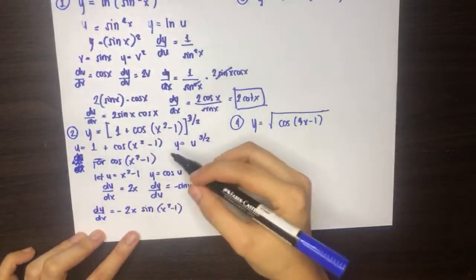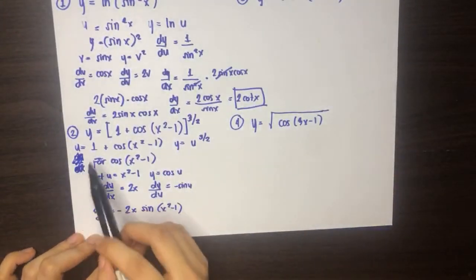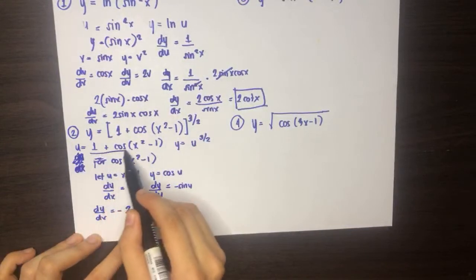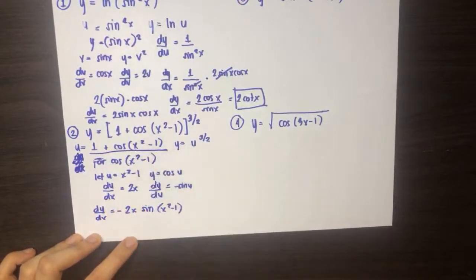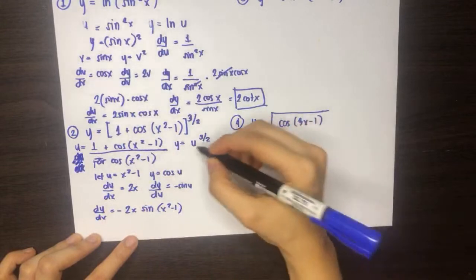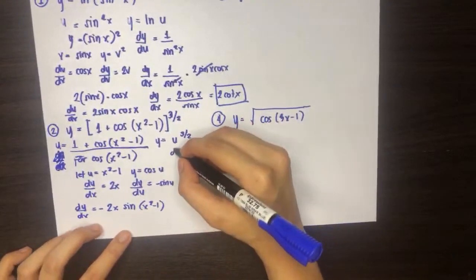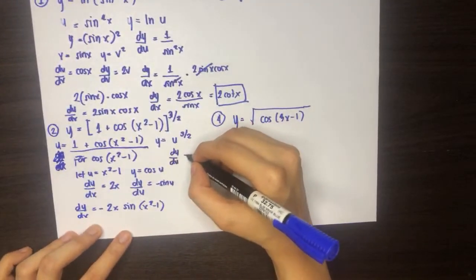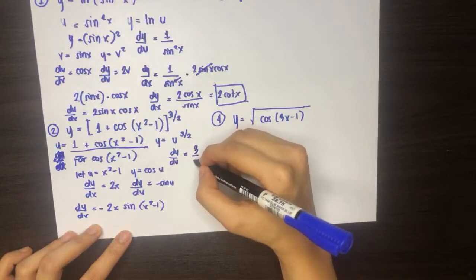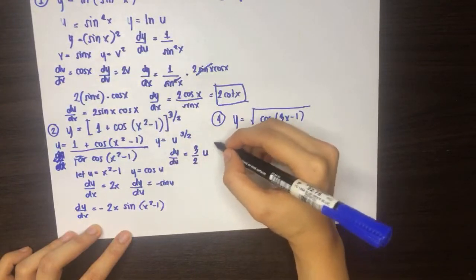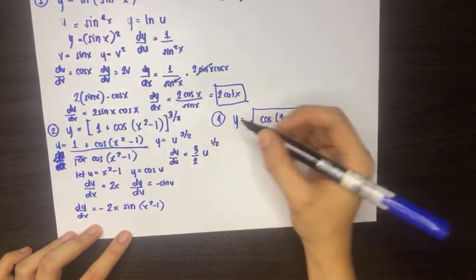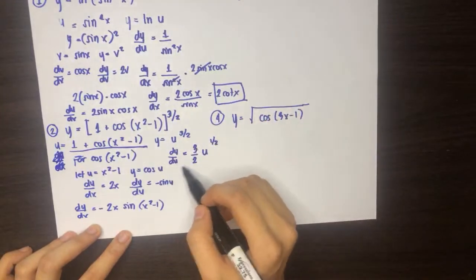So, ito na yung derivative ng u natin na 1 plus cosine x squared minus 1. Derivative naman ni dy over du is 3 over 2 u raised to 1 half. So, ito naman si power rule kanina.